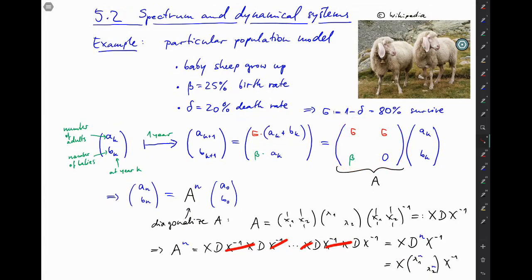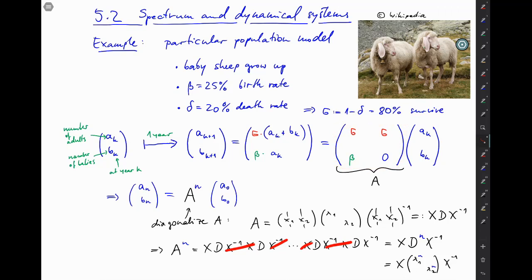We're going to be moderately successful, in the sense that our population is staying at some roughly fixed size, if the spectral radius of that matrix A is exactly 1. And we're going to be very unfortunate, in the sense that soon all the animals will be dead, if the spectral radius is less than 1.